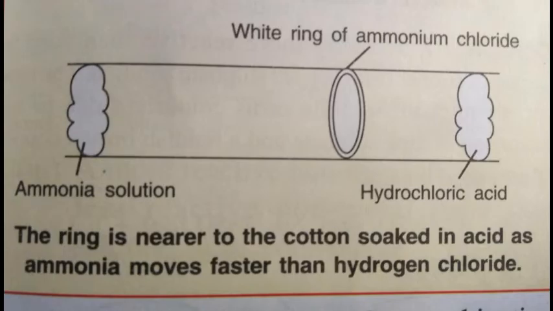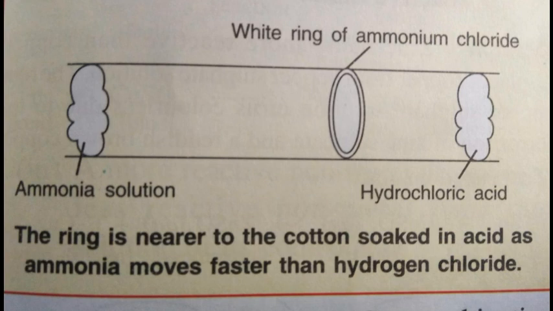An activity is given in your textbook to demonstrate a combination reaction between two compounds. Take a wide glass tube as shown in this picture. Fix a cotton soaked in hydrochloric acid at the right end of the tube and a cotton soaked in ammonia at the left end of the tube.